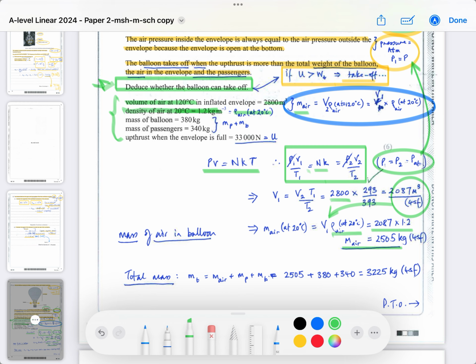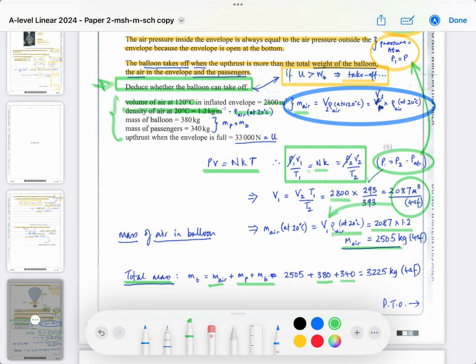So the total mass will be equal to the mass of the air plus the mass of the people plus the mass of the balloon. Okay, so we know the mass of the air, we just calculated it. We know the mass of the balloon, and we know the mass of the people.